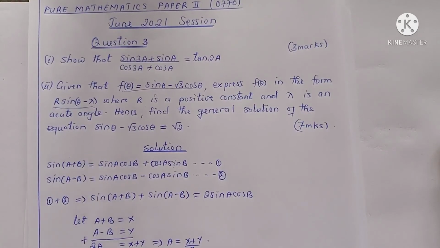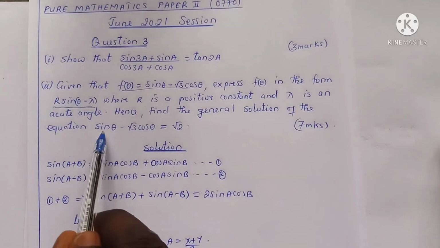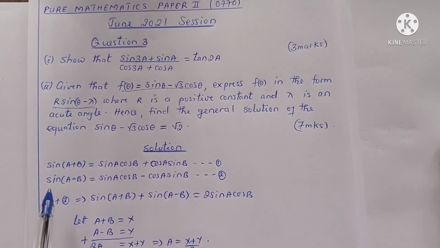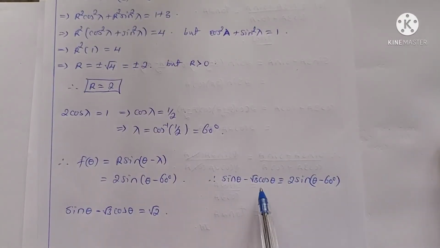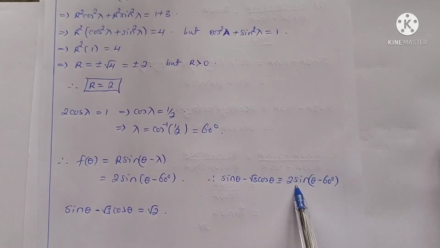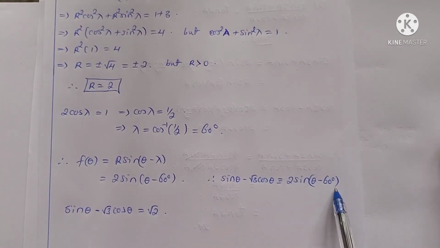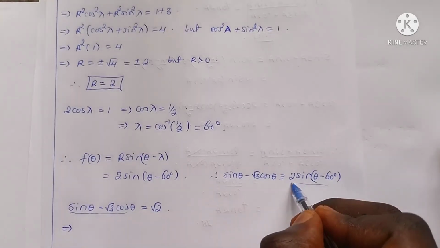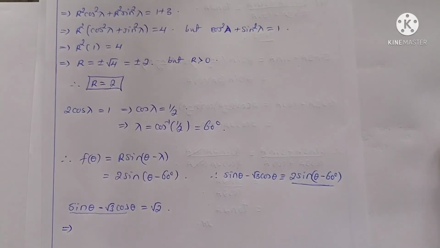We also need to solve the equation sine theta minus root 3 cos theta equal to root 2. But we know that sine theta minus root 3 cos theta is identically equal to 2 sine theta minus 60 degrees. Therefore, we can replace this with 2 sine theta minus 60 degrees.